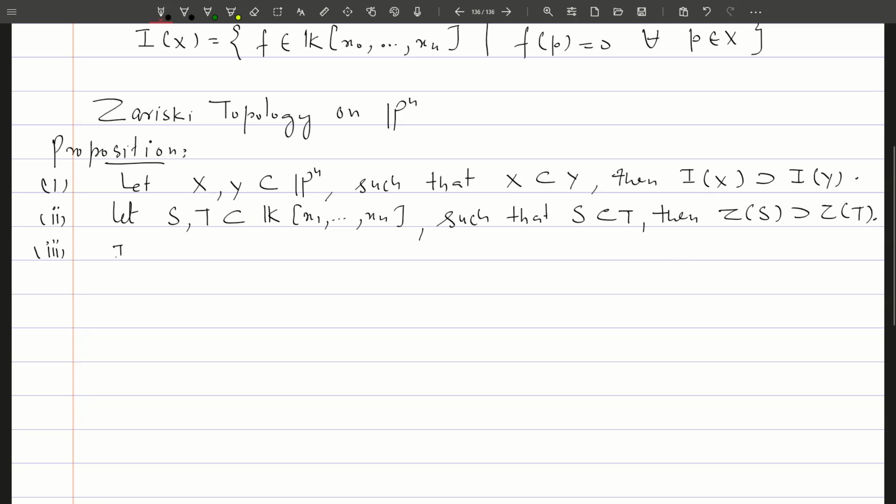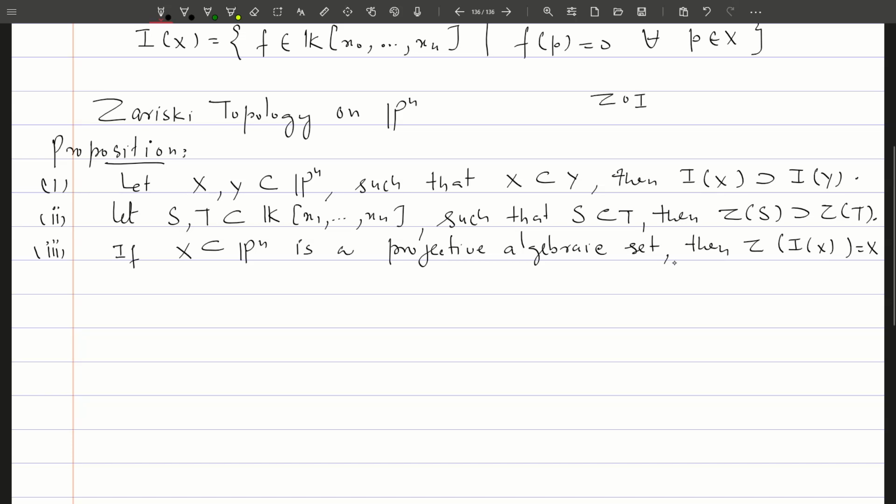It says that if X is a subset of Pn, so this is a projective algebraic set, then the zero set of I of X is actually X. That means this function zero composed with I behaves actually as the identity function, as we have seen in the affine case.